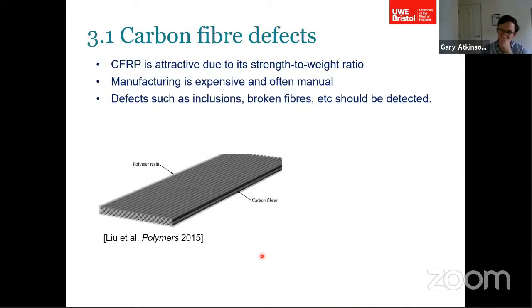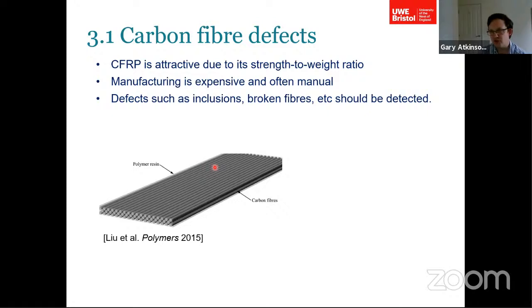Carbon fiber, as most of you probably know, consists of a sequence of carbon fibers aligned with each other and then set in some sort of resin, as shown in this diagram that I've borrowed off a paper in polymers. A carbon fiber component usually consists of lots of layers like this, placed on top of each other at various orientations.